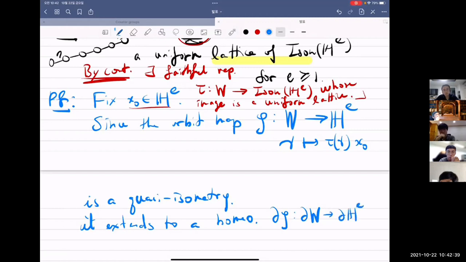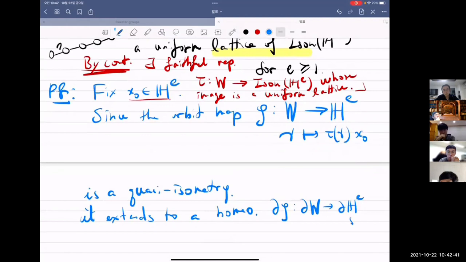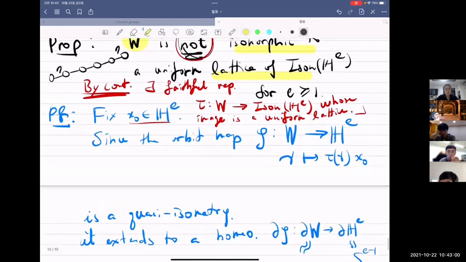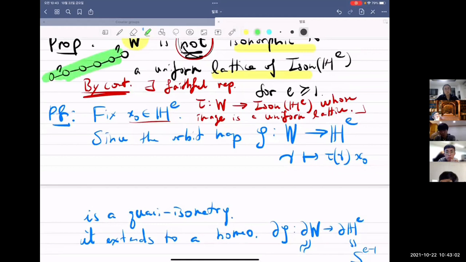The boundary of hyperbolic n-space is of course homeomorphic to the (n-1)-dimensional sphere, but we know the boundary of W. So what is the boundary of this W, when we have this group?